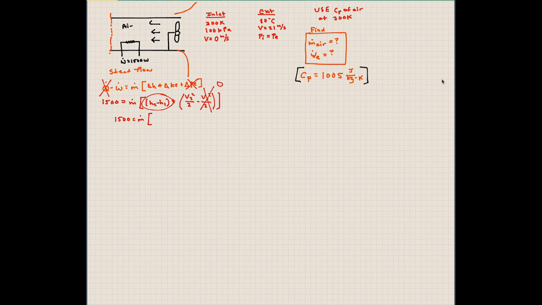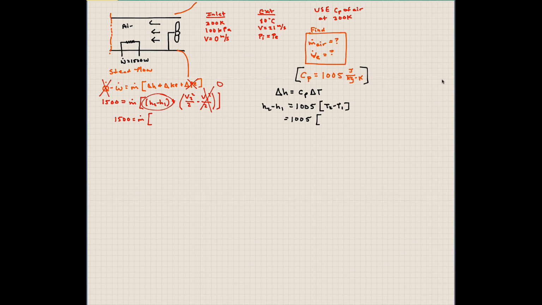Remember, delta H is equal to CP delta T. Remember that from our lectures? So CP is 1005. And remember, this is H2 minus H1 equals CP times T2 minus T1. So this is 1005.